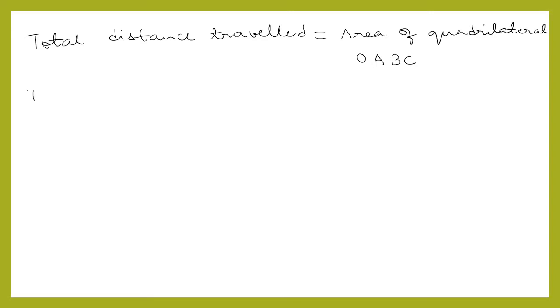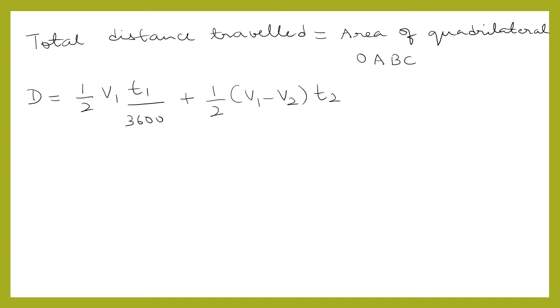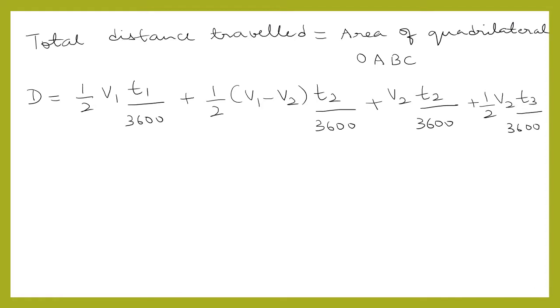So D is equal to half V1 T1 by 3600 plus half V1 minus V2 T2 by 3600 plus V2 T2 by 3600 plus half V2 T3 by 3600.